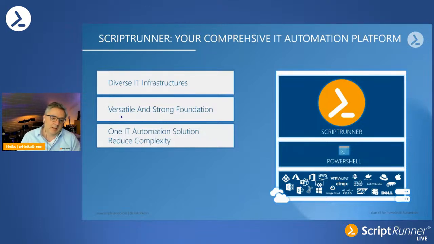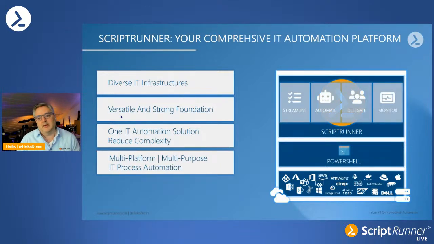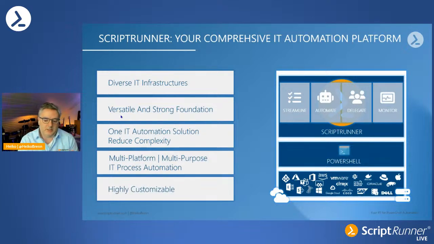Instead of having 20 different tools because of 20 different infrastructure services and products that you're using, you can use ScriptRunner to streamline, to automate, to delegate, to monitor all kinds of tasks and processes. And because we're talking PowerShell, we're talking about standardizing as much as possible, but if necessary, you have the possibility to customize wherever necessary.